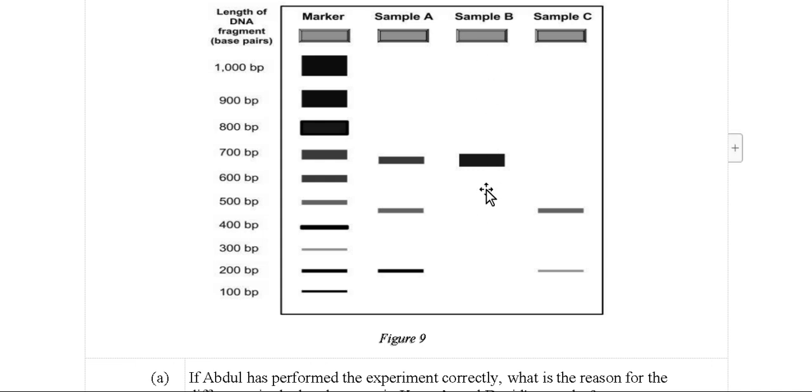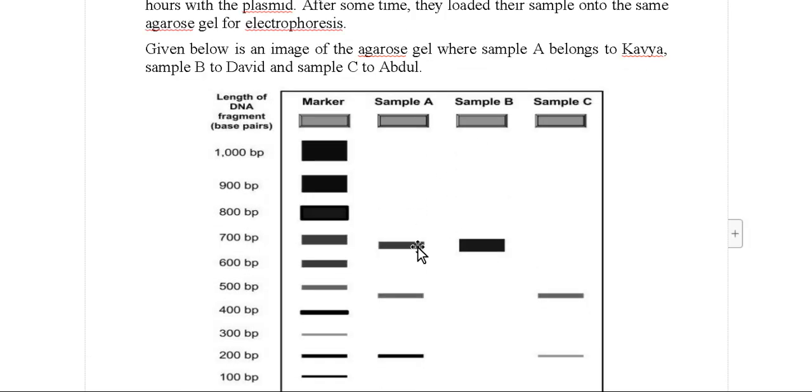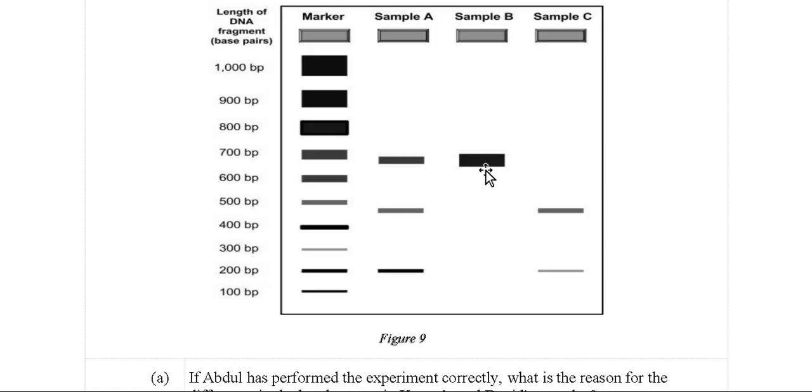In sample B, which is mainly for David, compared to sample A where Kavya put her sample, the band is thick sized, that means the restriction enzyme is not actually cutting the desired gene part, so it is not segregated. Only after the cutting of the DNA portion from the plasmid is segregation possible in gel electrophoresis.